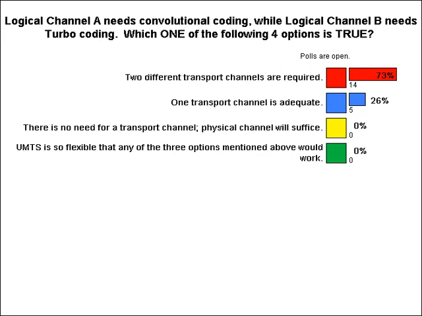So convolution coding is one way of protecting information. So we should use that for logical channel A. Another logical channel uses turbo coding, another way of protecting information. So we need another transport channel. So 2 different transport channels should be used.